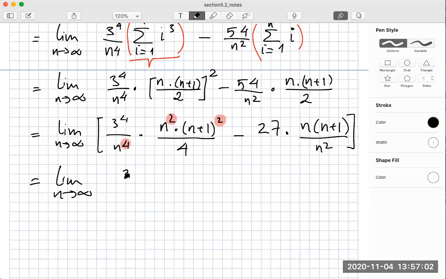So 3 over 4, these are numbers. We write it here. Okay? And the numerator here is n squared times n plus 1 squared. N to the fourth, we can write it n squared, n squared here.